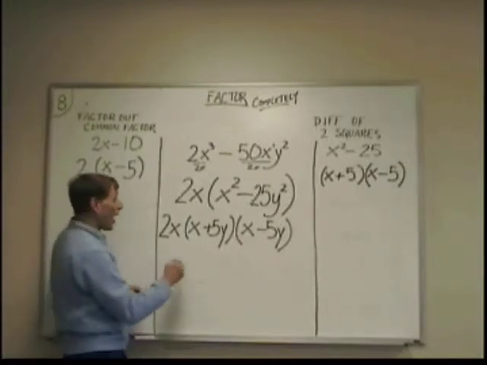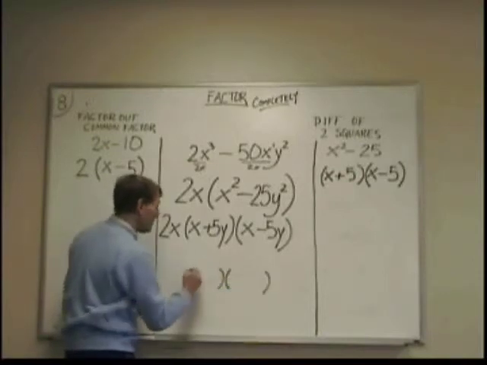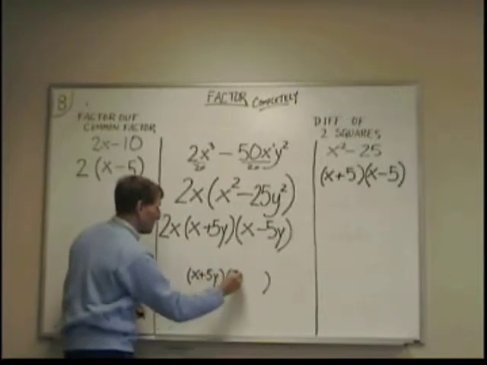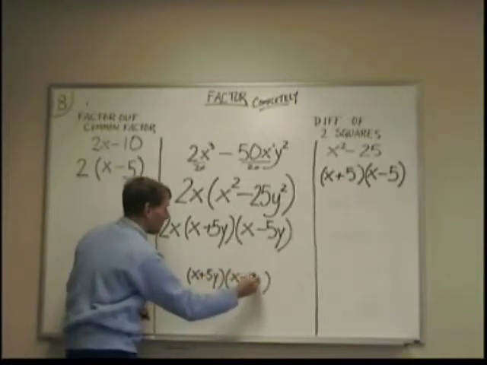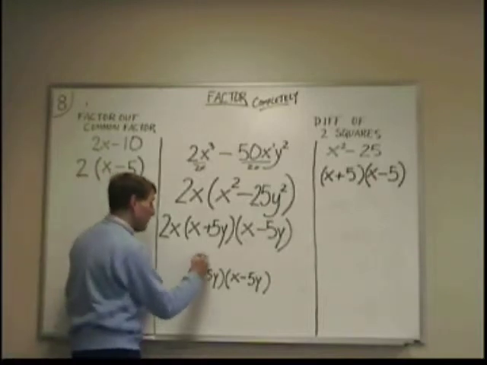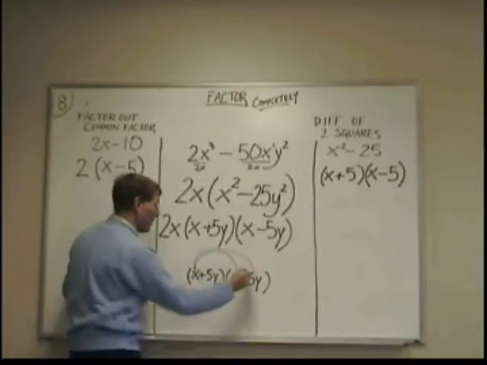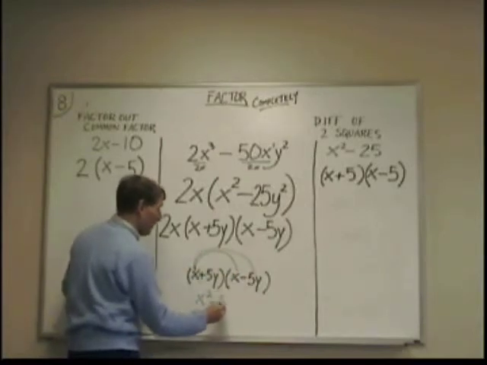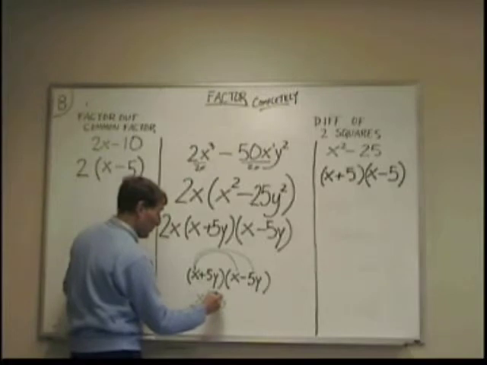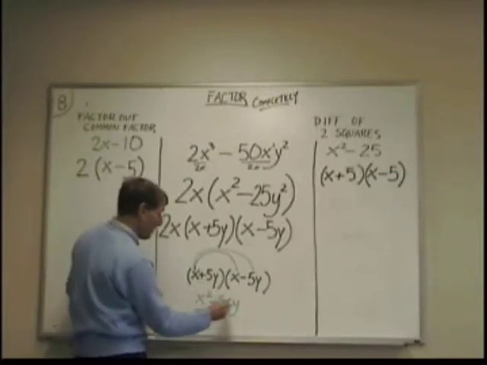If I wanted to, I could do FOIL. And let's use a green marker for that. First, which is x squared. Outer, which is minus 5xy.